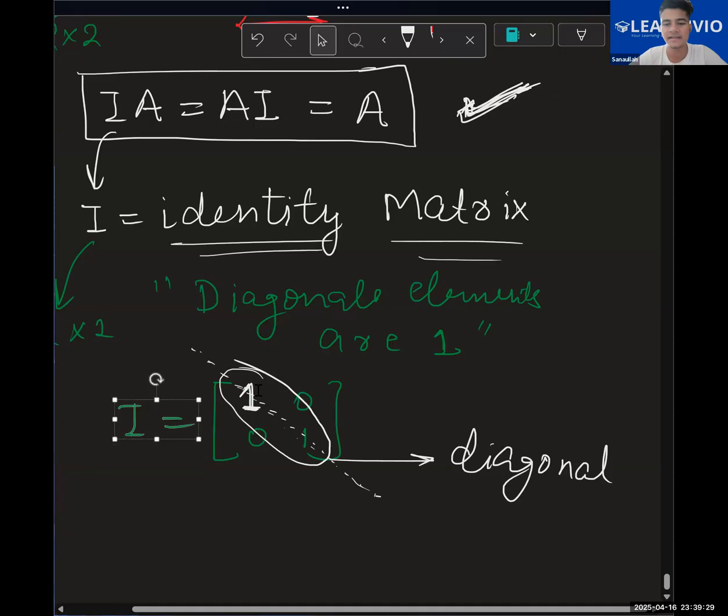But I'll suggest take NCERT Exemplar and take Arihant. See, NCERT Exemplar is also an Arihant publication.